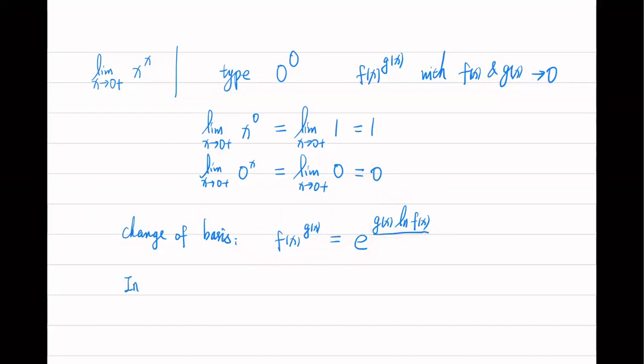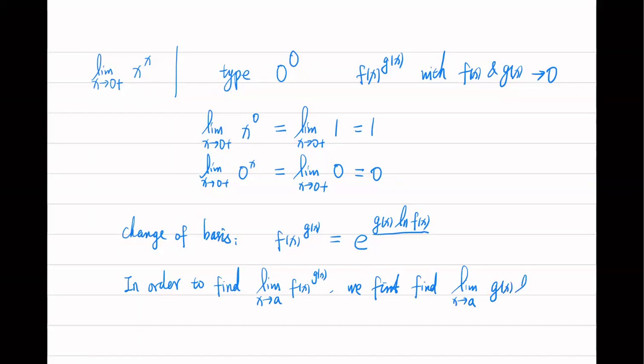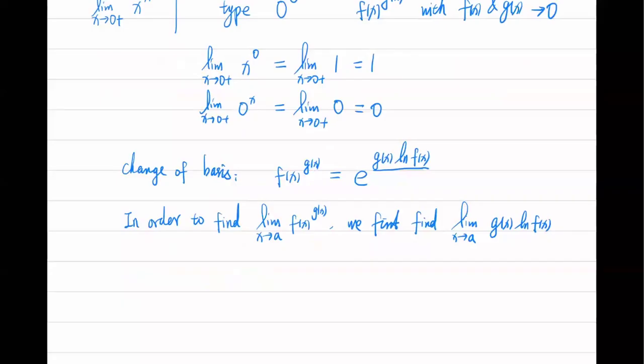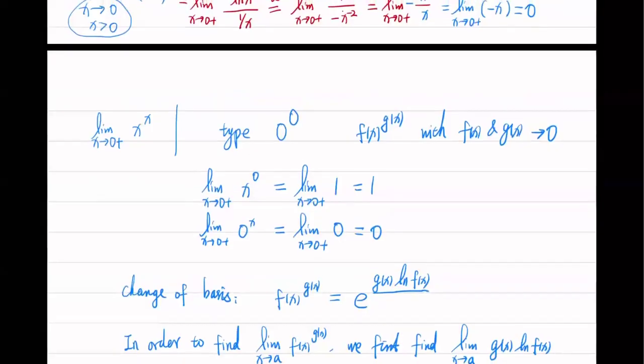In order to find this, this goes to 0, this goes to infinity, 0 times infinity, which will reduce this type to the previous type.